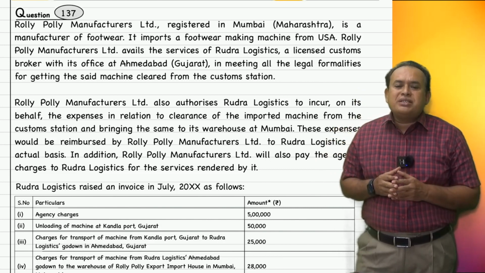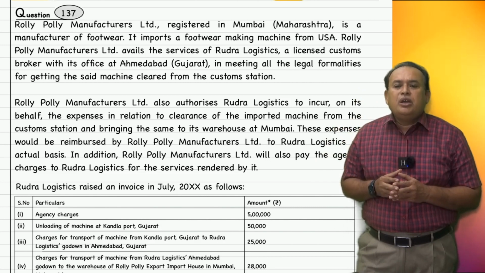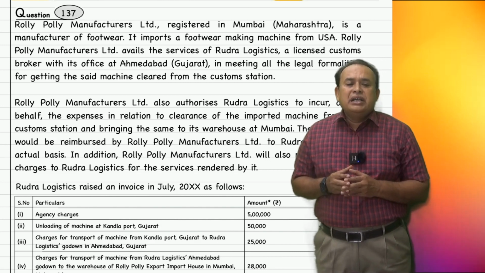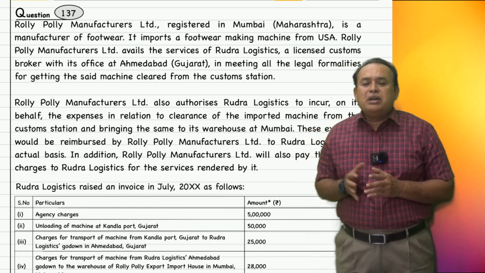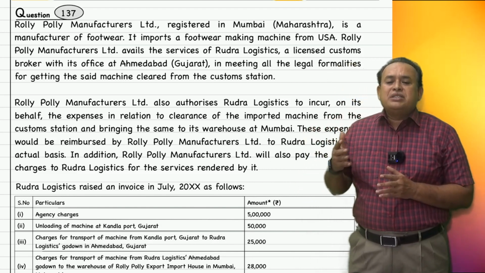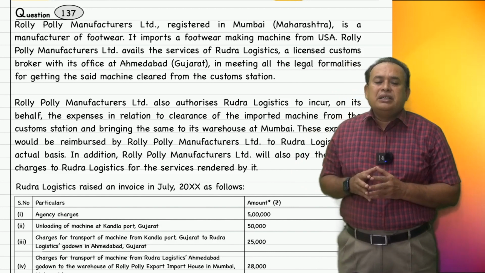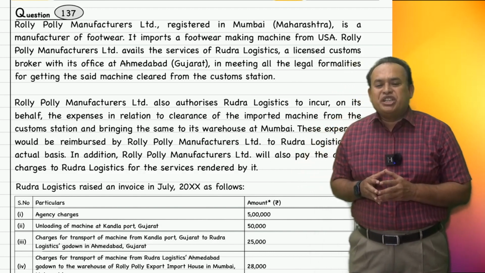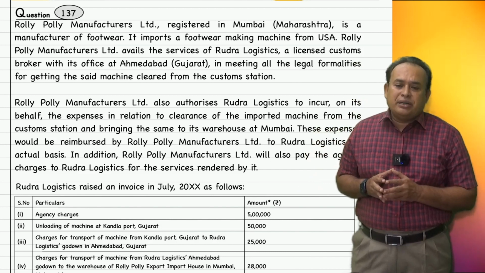It imports a footwear making machine from USA. Roly-Poly Manufacturers Limited avails the services of Rudra Logistics, a licensed customs broker with its office at Ahmedabad, Gujarat, in meeting all the legal formalities for getting the said machine cleared from the customs station.